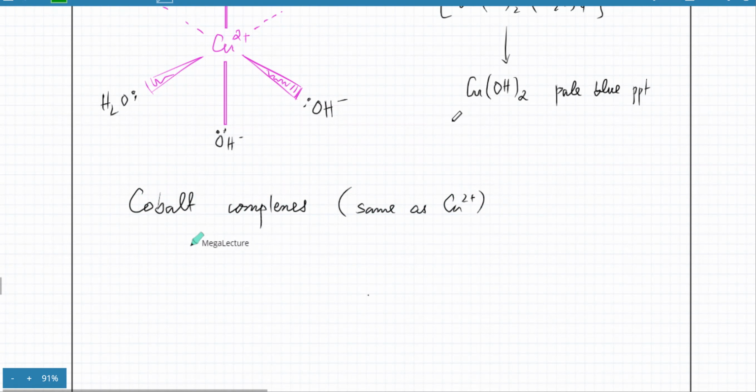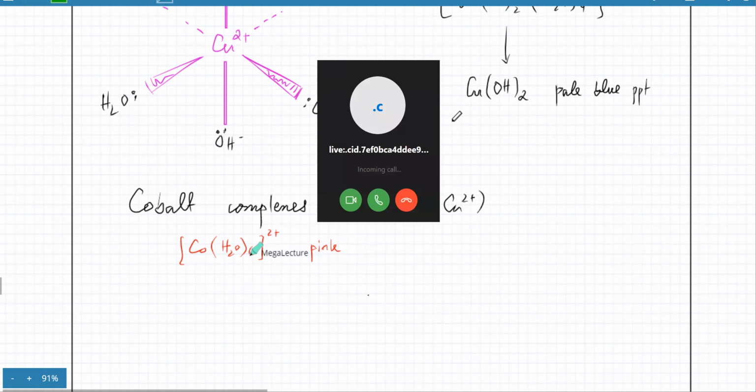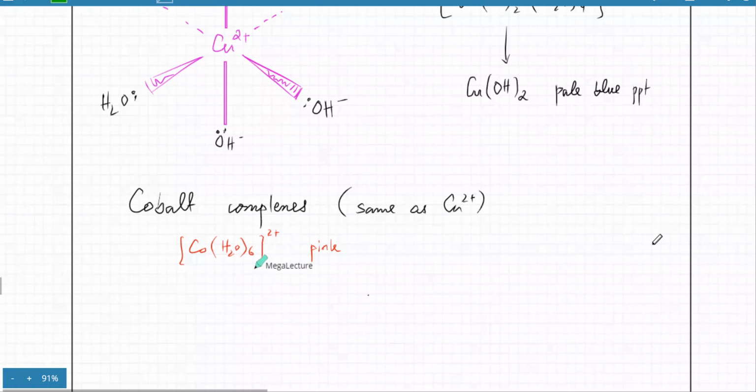For example, there's cobalt with six water molecules, and the overall charge is 2 plus. This is pink in color, exactly like the first one. Then there's another one with OH twice with four water molecules.